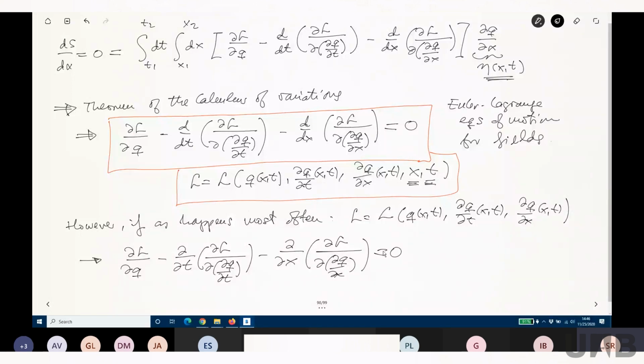This is probably the formula that you are going to see in most books, because most books already go for the typical case in which there is no explicit x or t dependence. So don't get confused. Most of the time you will be able to use this form, but sometimes if there is some x and t dependence, you have to be a little bit extra careful. So is this clear?